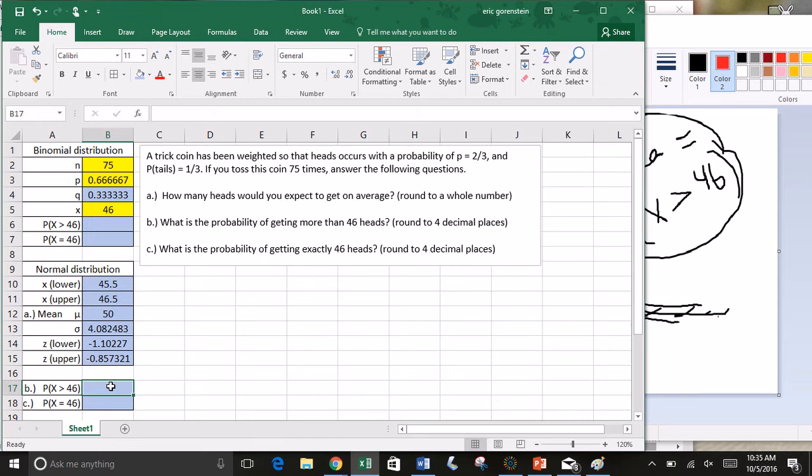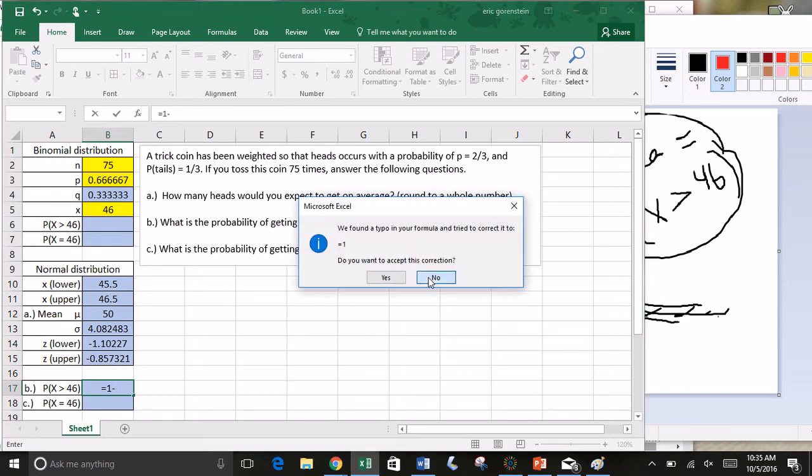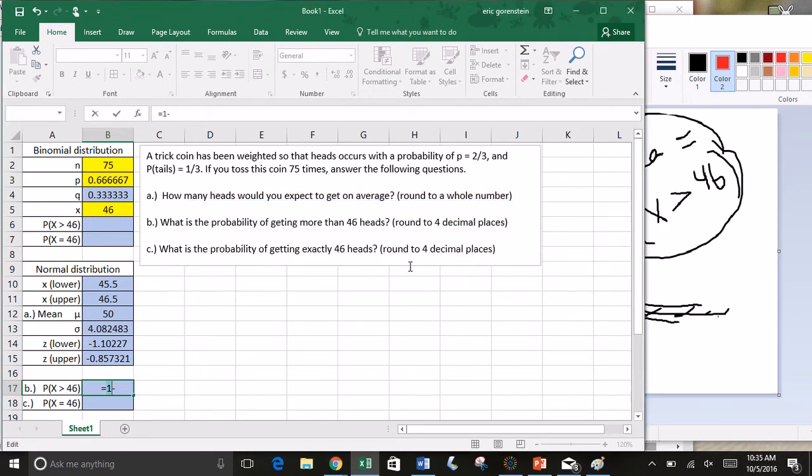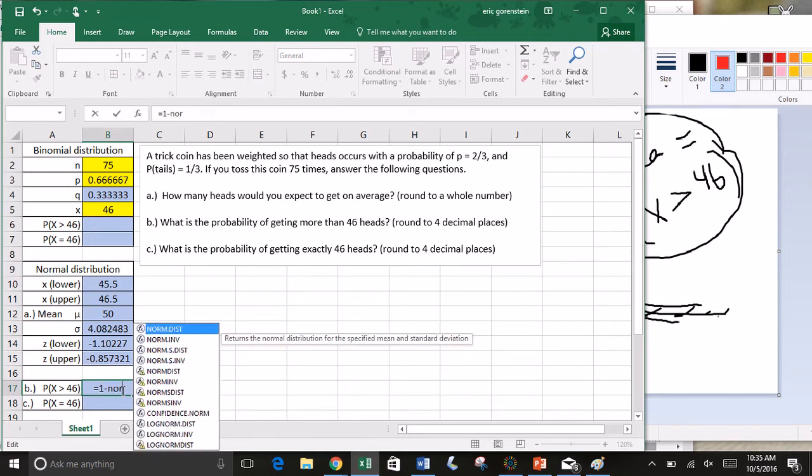So we could say equals 1 minus, and then the formula for calculating the area based on a z-score is the standard normal distribution function, norm.s.dist.